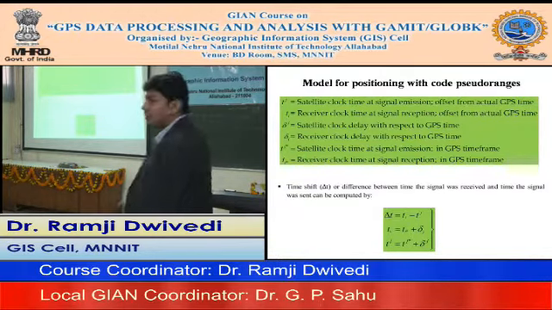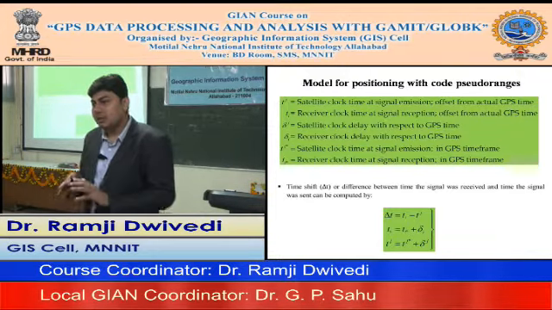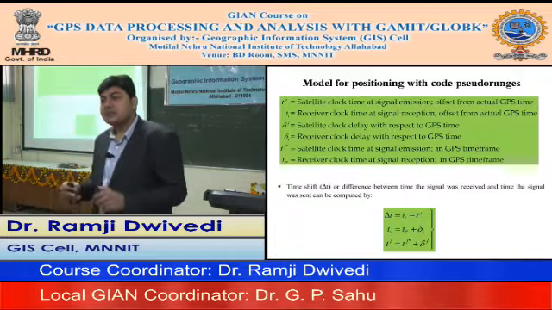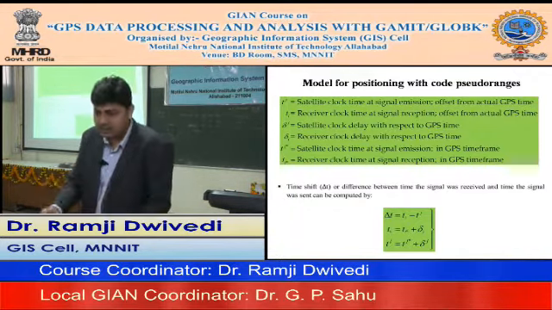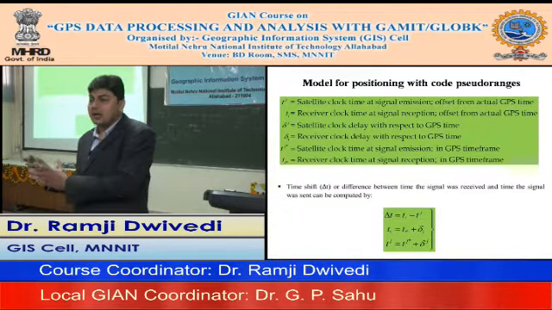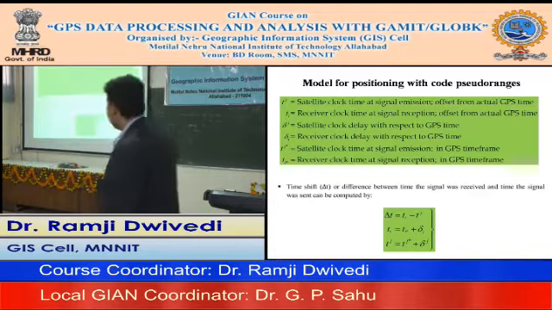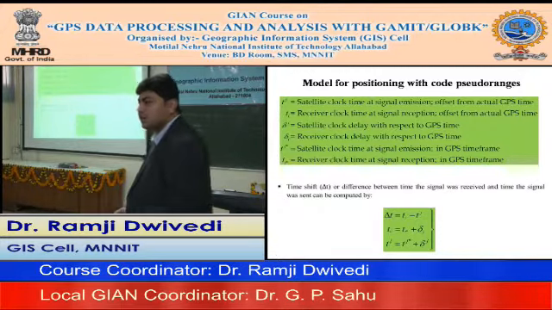But as I said, not only at the receiver end but at the satellite end also, clock errors happen. But since the satellite is more intelligent, it is telling you how you could estimate those errors. So that's why we don't take the satellite clock corrections into account as an estimate, or as an unknown. So what we'll do here is try to see how this delta t could be represented so that it makes sense.